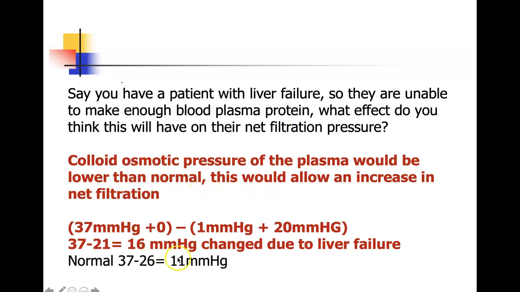And we can see that by a more positive number due to liver failure. If normal is 37 minus 26, so 11 millimeters of mercury, and the 16 then, due to this condition, now we have a higher positive number. Positive is going to favor filtration, so we have an increase in filtration in this case.